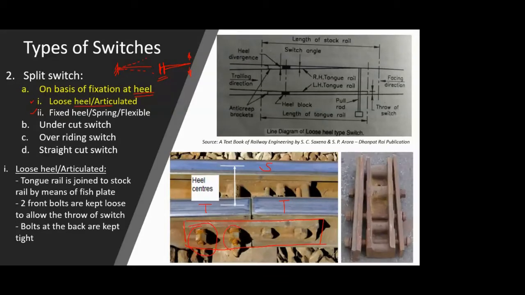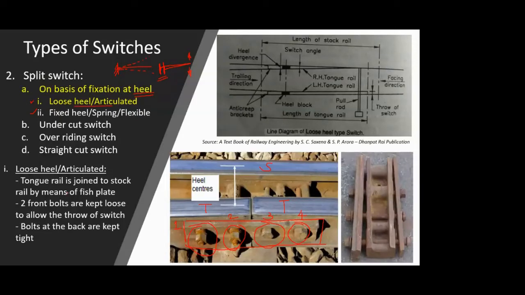Now if you look at these 4 bolts that I am encircling, if you observe closely, there is a difference in these bolts. If I number them 1, 2, 3 and 4, the first 2 bolts seem to have a nut at this end, but here you can see the head of the bolt in bolts number 3 and 4.